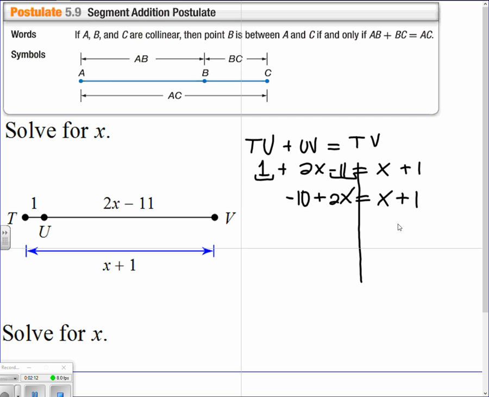Now, step number 3, separate variables and constants. Variables means letters, so the letters on both sides. Pick one side. Let me do it on the left. I want the variable on the left, and I would like to have constants on the right. Variable means the letters. Of these two, negative 10 does not have a letter, so get rid of it. The opposite of negative 10 is plus 10.